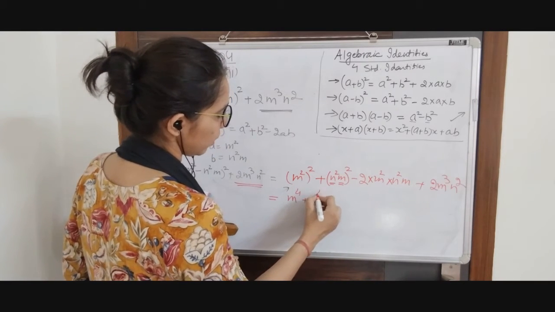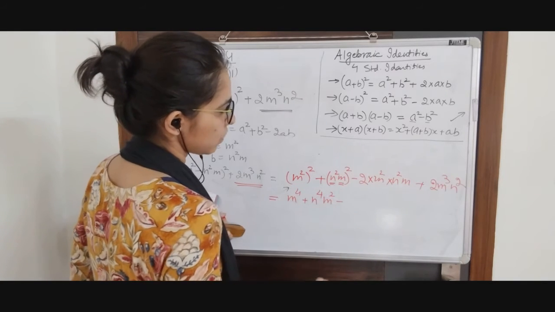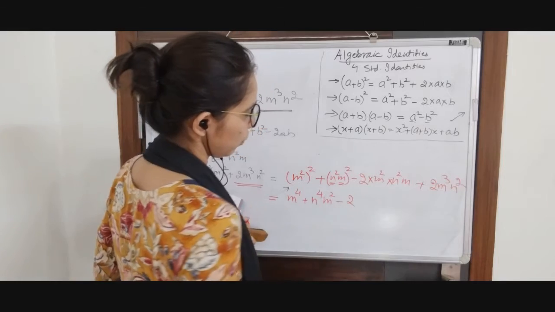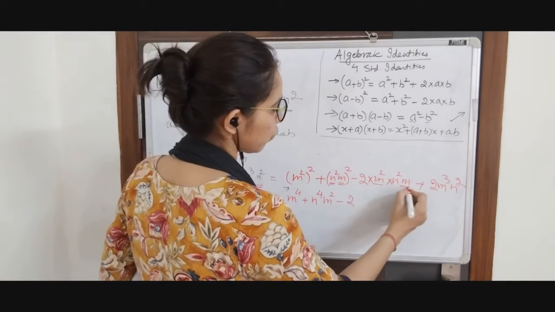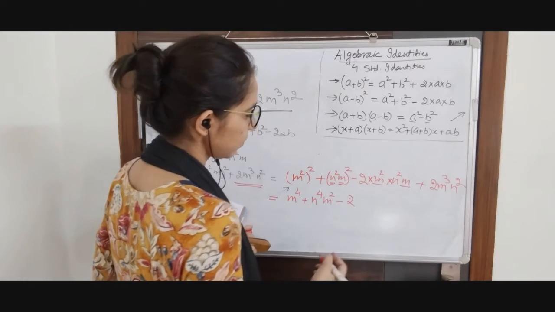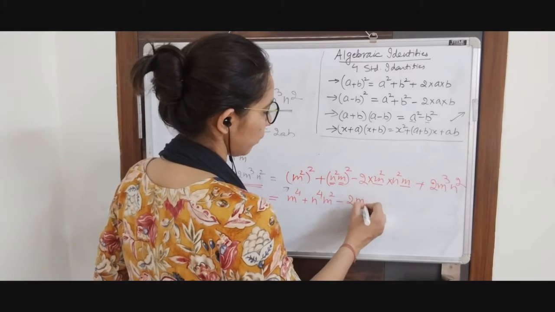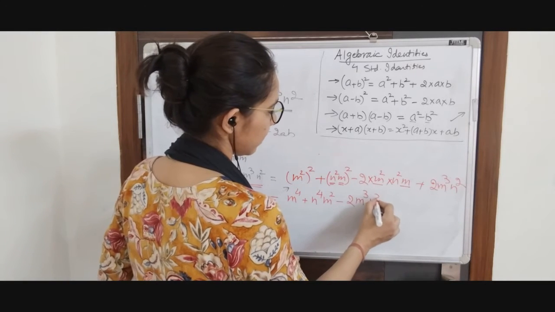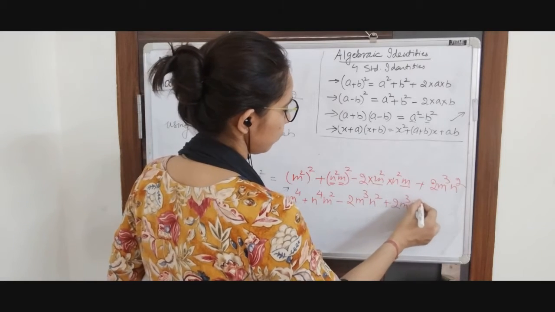So it is going to be n to the power 4, m to the power 2 minus 2. Minus 2 coefficient is going to come as 2. Now m square into m: in multiplication of same variables, the powers are going to get added. So we are going to get m cube n square.